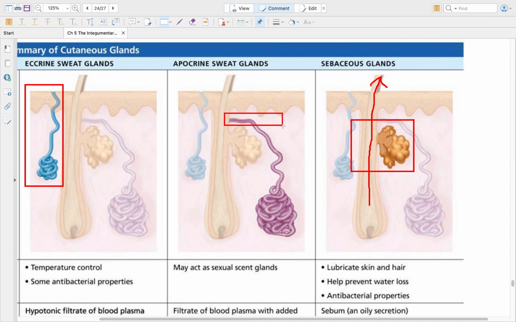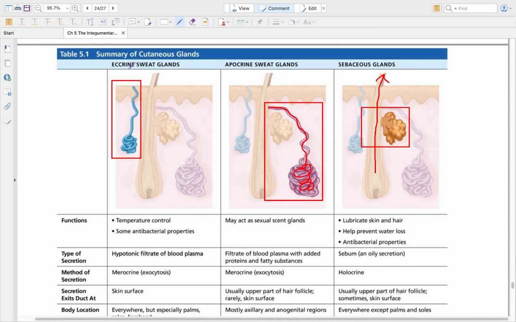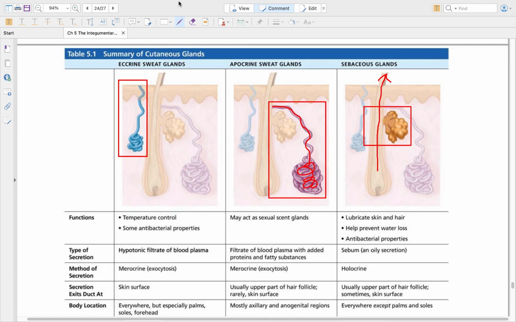The tubule is going to connect to the hair follicle. It's a straight, windy, convoluted tubule, and then it gets all coiled up down here. So you want to know your eccrine sweat gland, your apocrine sweat gland, and your sebaceous oil gland.